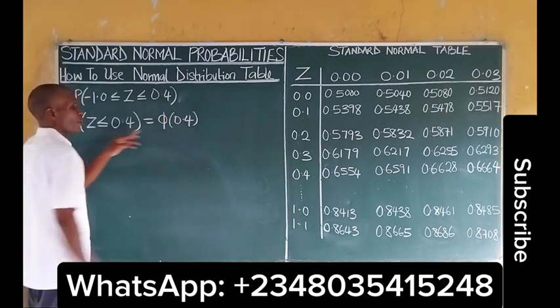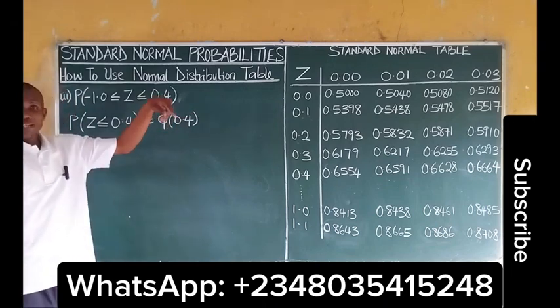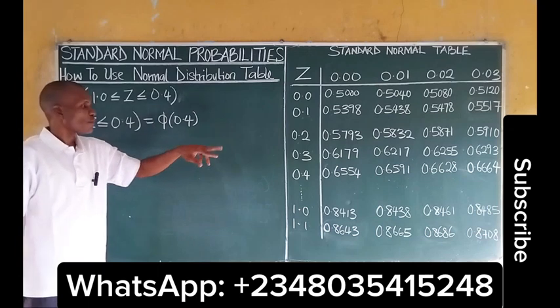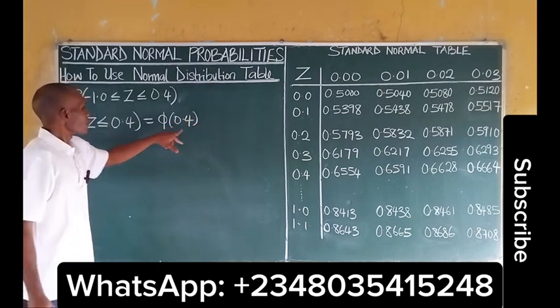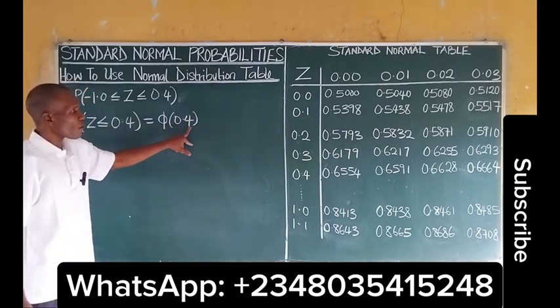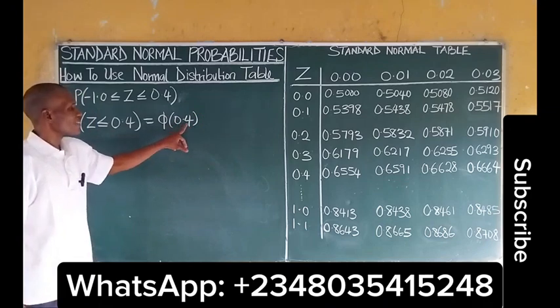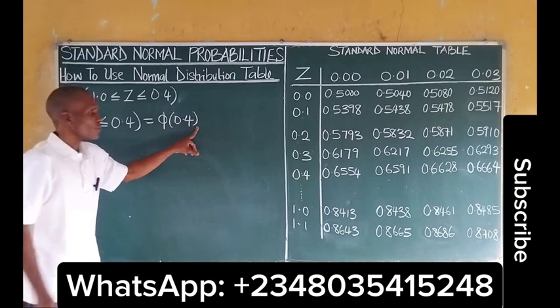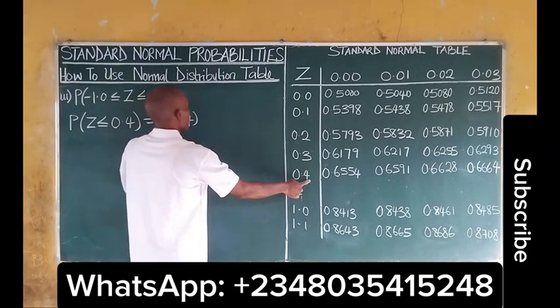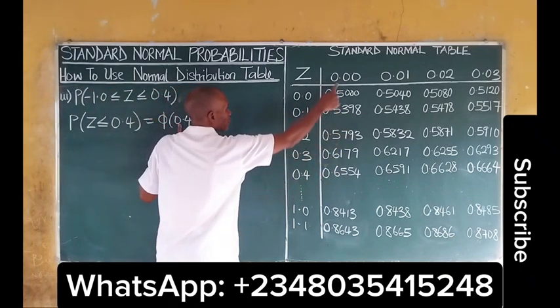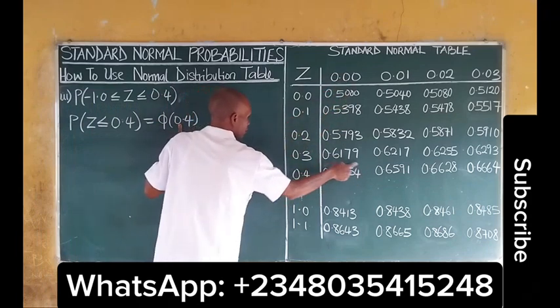So how do we find 0.4 from the standard normal table? You just say 0.4 under 0.00, which is this value.